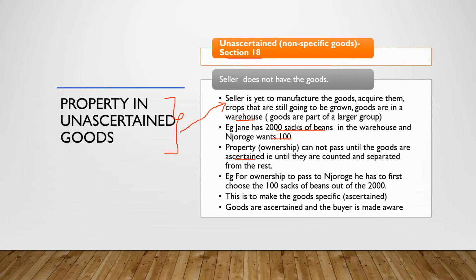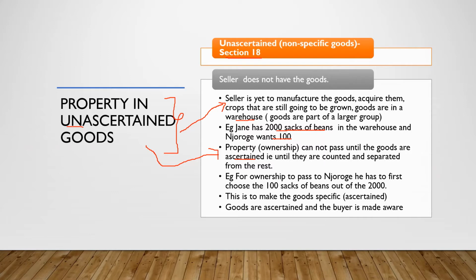Remember that as far as unascertained goods are concerned, what you're still involved in is an agreement to sell. Property will not pass until these goods are ascertained, meaning that we have to shift from unascertained to ascertained goods. If the goods are non-specific, then you have to specify them.